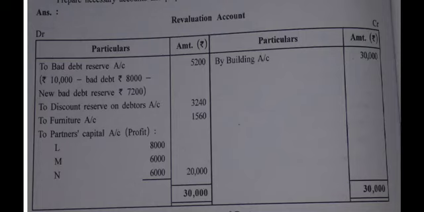Just the way you write increase in the value of an asset on credit side, decrease in the value of an asset is to be written on debit side of revaluation account. So to furniture account 1,560.